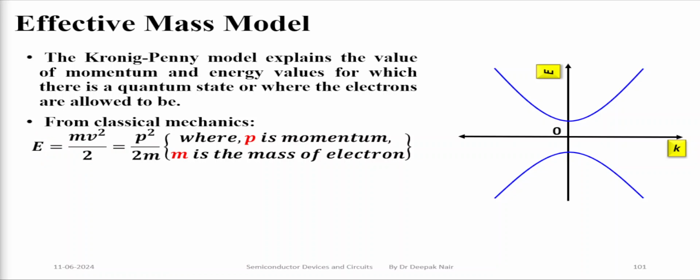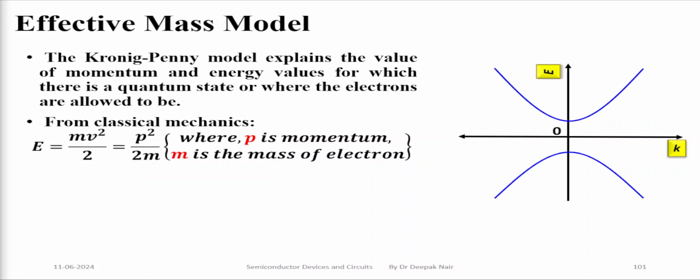And if we substitute the momentum in this equation, then the equation will be p square upon 2m, where p, or small p, is our momentum and m is the mass of the electron.